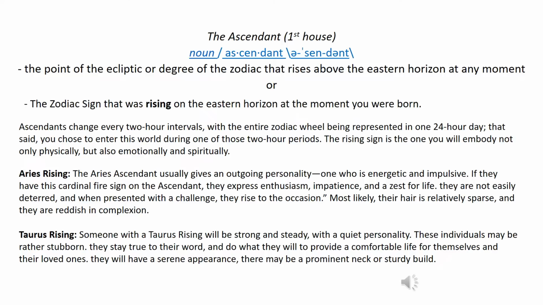It also shows in a crime chart, if the ruler of the suspect of the particular crime is in the first house, then the suspect was right in front of the victim. So the first house is right in front of, basically. It's what you look like, what's right in front of you, and the needs that you have in your immediate environment around you.